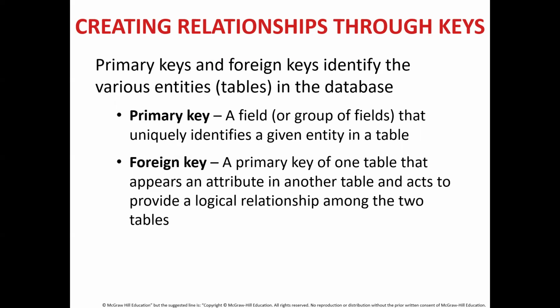A primary key uniquely identifies a table of data. Foreign key: a primary key of one table that appears as an attribute in another table and acts to provide a logical relationship among the two tables. Example: a primary key of table A is also present as an attribute in table B.